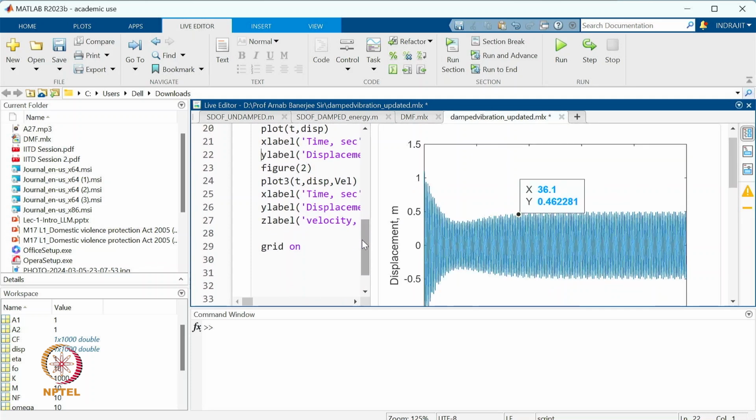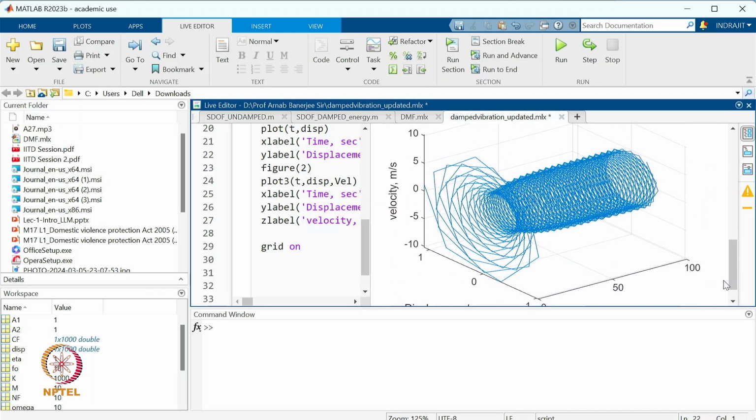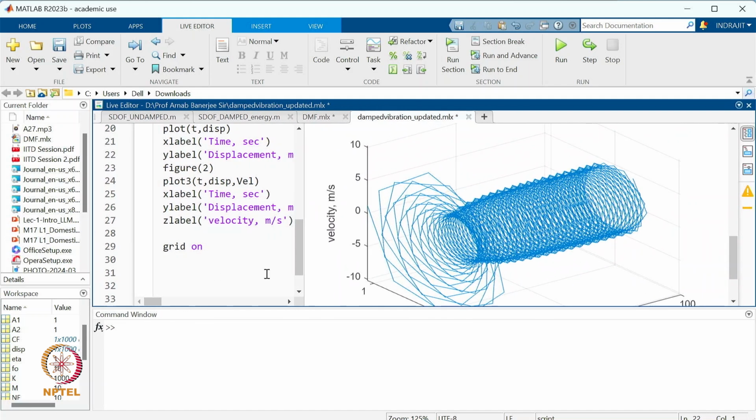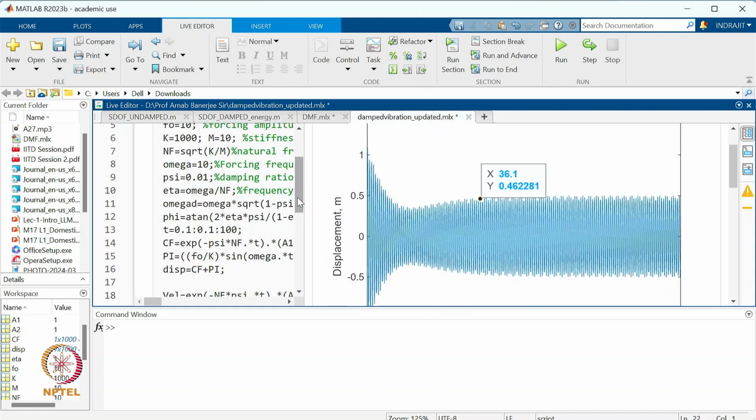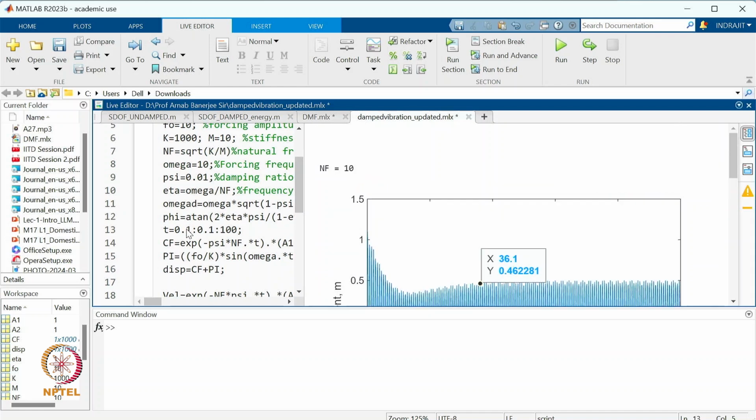So this is that 3D plot. If you want to see it much better, I can show it better. I will reduce the time steps to get a really smooth graph, which will take a little more time.